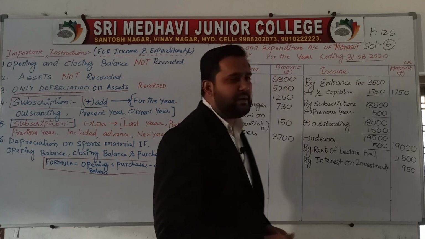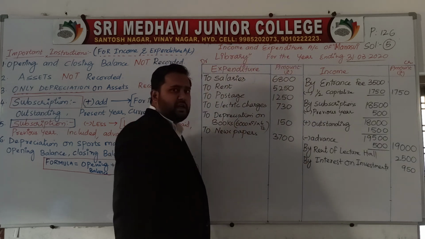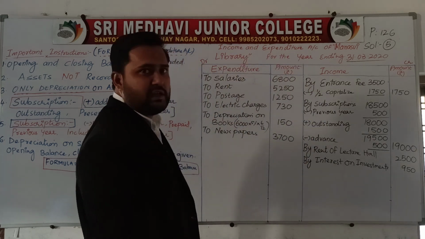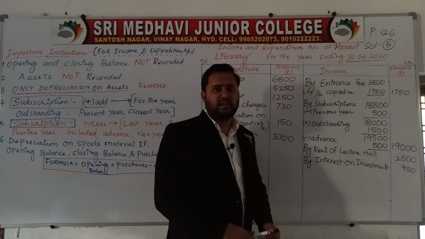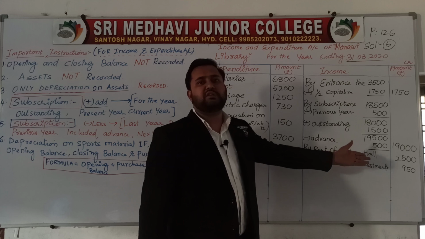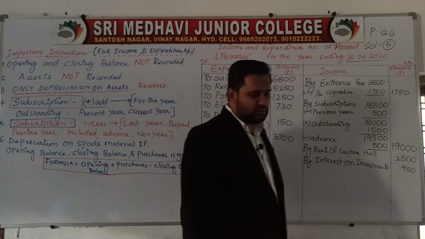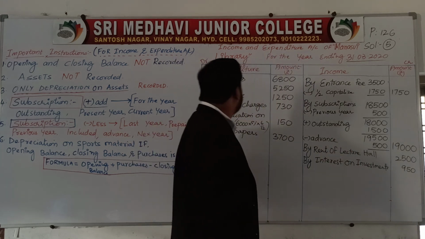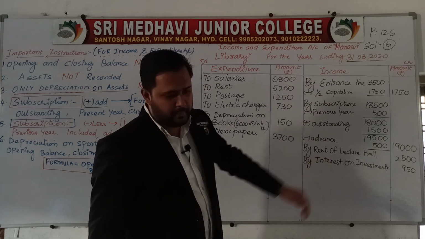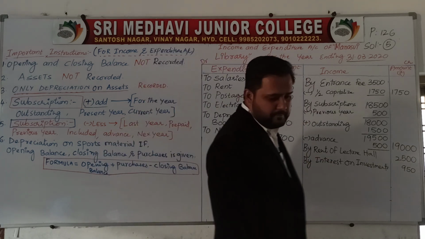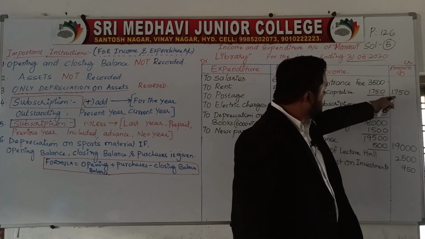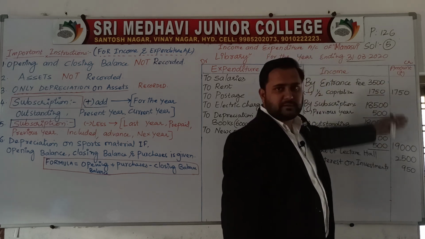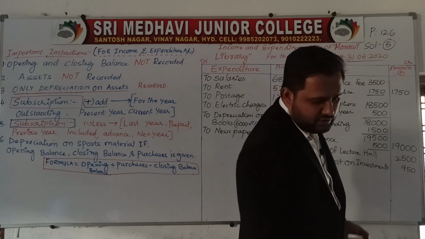All the payments we have written here, except with the instructions, and all the receipts with the help of instructions we have written on the income side, which is nothing but the credit side. Now go for the total. You will find the total of income is 24,200 rupees.